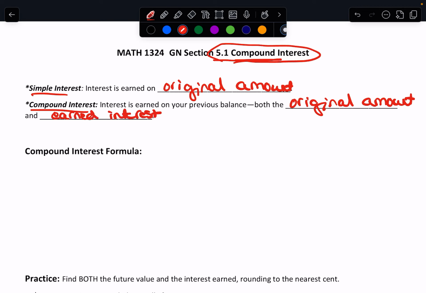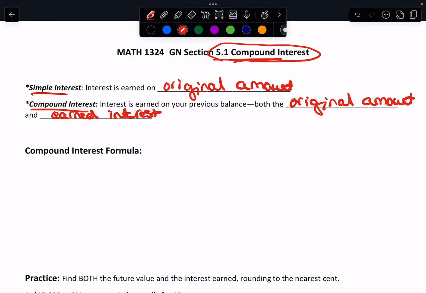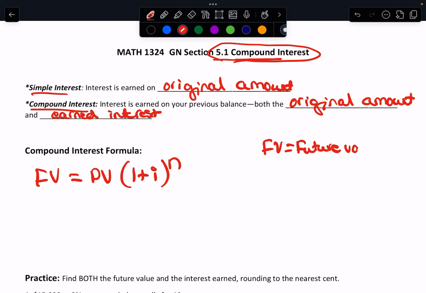Okay, the compound interest formula is going to be the future value equals the present value, parentheses, 1 plus i to the power of n. So FV is the future value. Again, that is the same thing as the total, PV plus I, so present value plus interest.